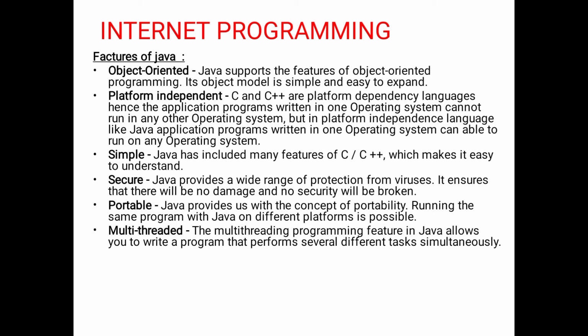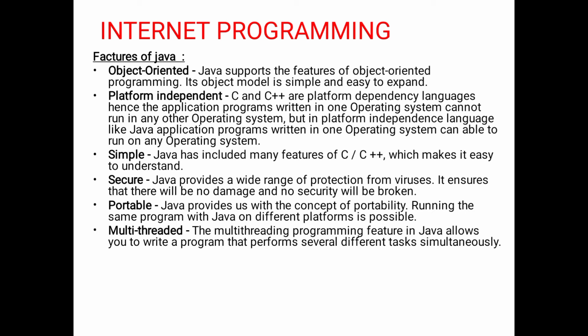Java supports multi-threading, right? Not only this, there are several features. Let's discuss one by one. Java is object oriented. So here Java supports the features of object oriented programming. Its object model is simple and easy to extend, right?